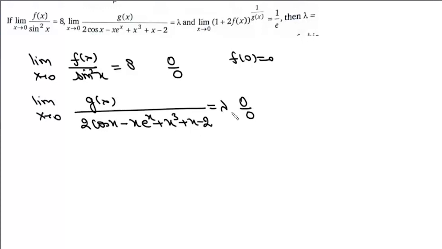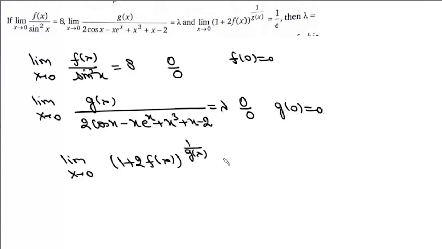This is lambda, and we also know g0 is equal to 0, and we are given that this limit x tends to 0, (1 plus 2 fx) to the power 1 upon gx, is e to the power minus 1. Now this is 1 to the power infinite form.